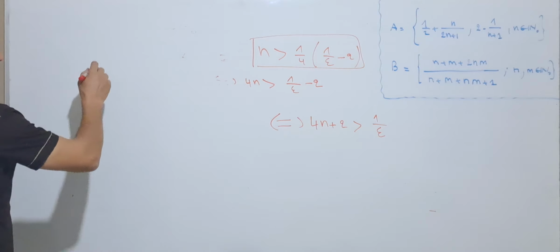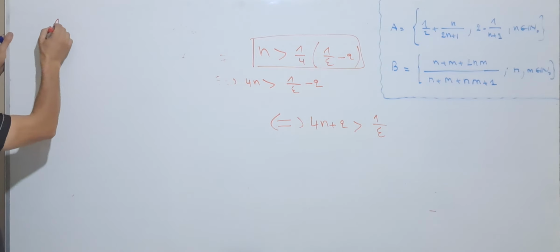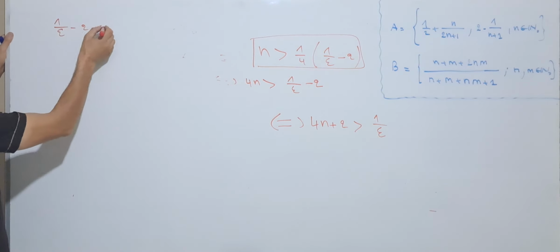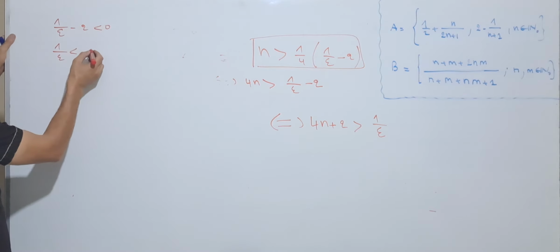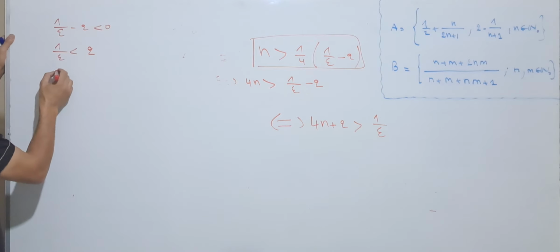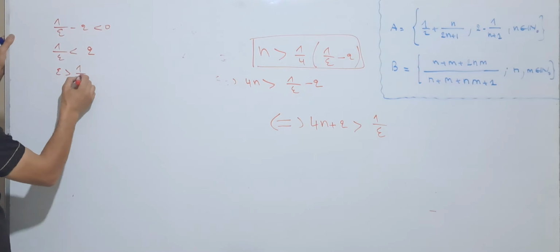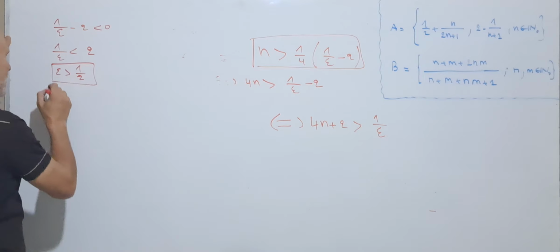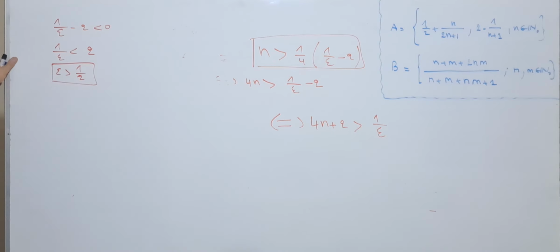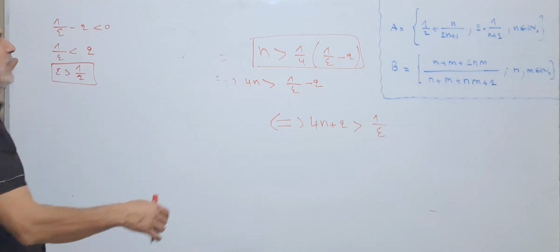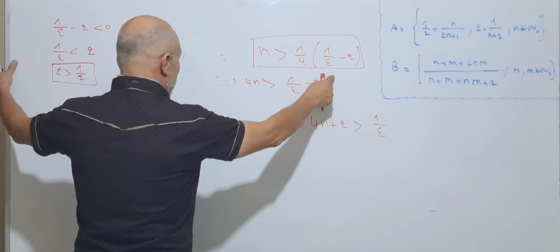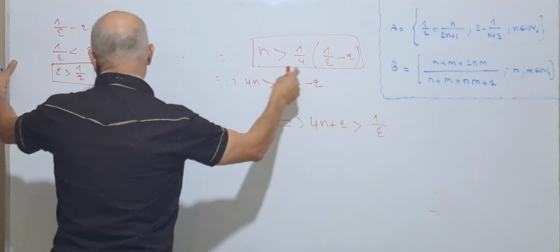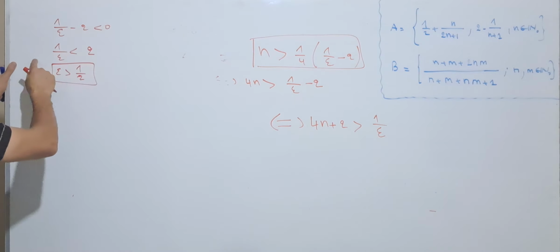1 over epsilon minus 2 negative. This means 1 over epsilon less than 2. This means that epsilon should be greater than 1/2. So if epsilon is strictly greater than 1/2, here we get something which is negative. Let me show that: epsilon greater than 1/2.